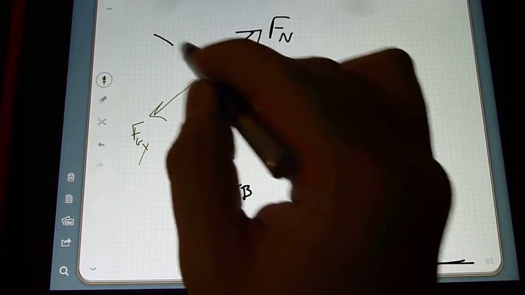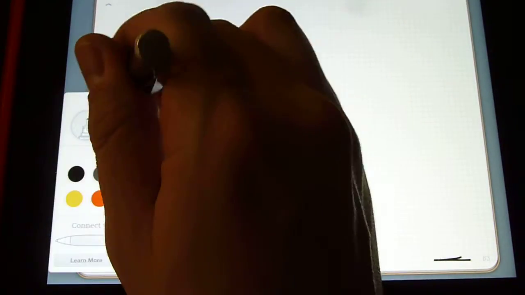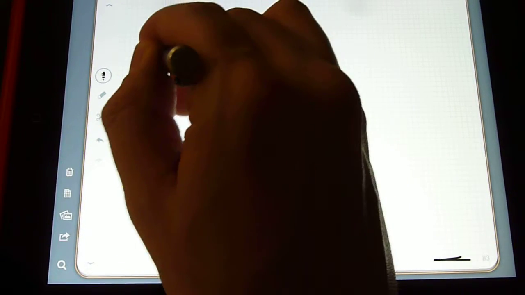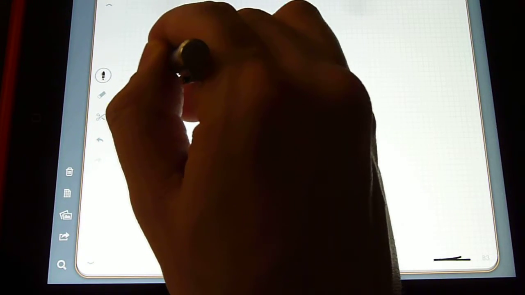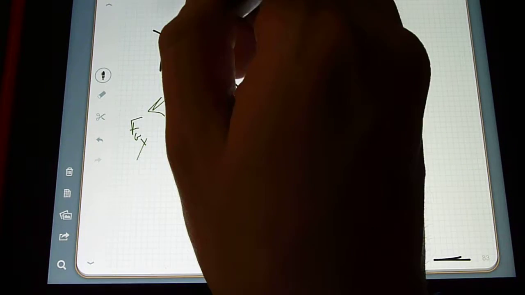Now I actually have two forces pulling me back in this case. I'm going to have my friction force, F for kinetic friction, but then I'm also going to have my tension force.